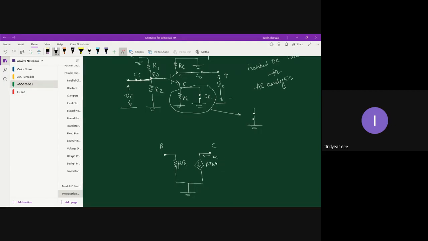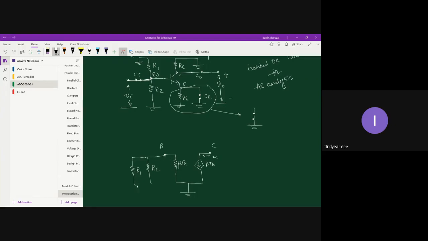Done. And on the input side, what is connected to the base terminal? R1 is connected and R2 is connected. As you can clearly observe, the opposite ends of R1 and R2 are grounded. So basically, you will have a parallel combination of R1 and R2 connected to ground.